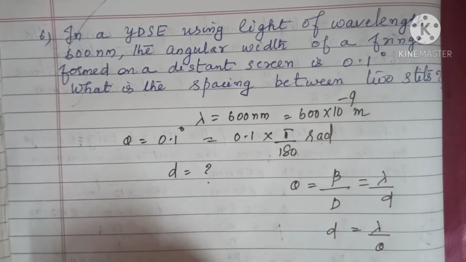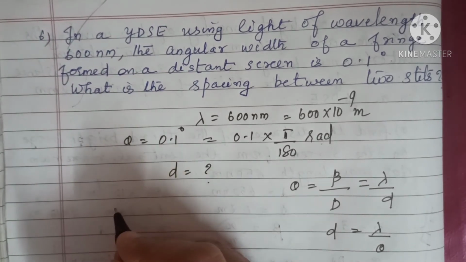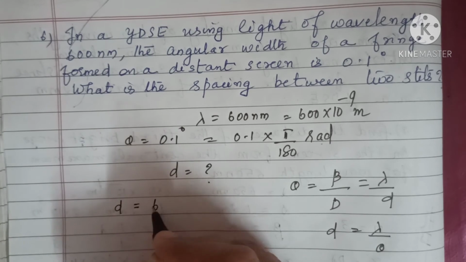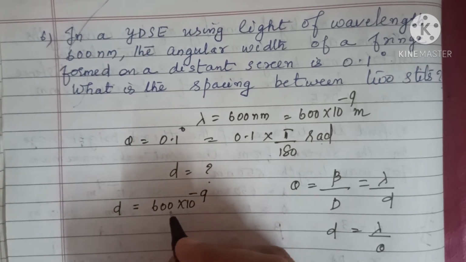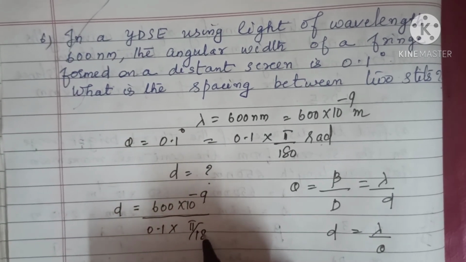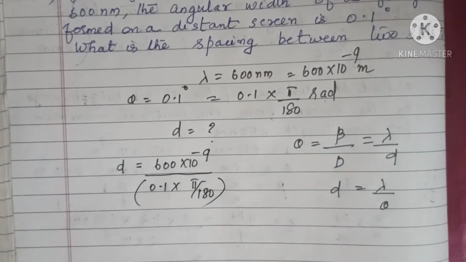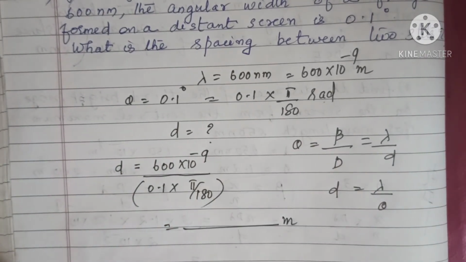Now substitute the values because you have lambda and theta here. That is d is equal to 600 into 10 raised to minus 9 divided by 0.1 into pi by 180. Now you get the answer in meters. That is your spacing between two slits.